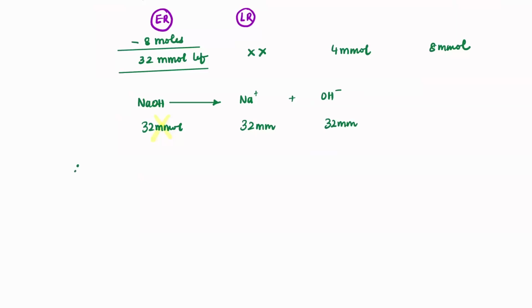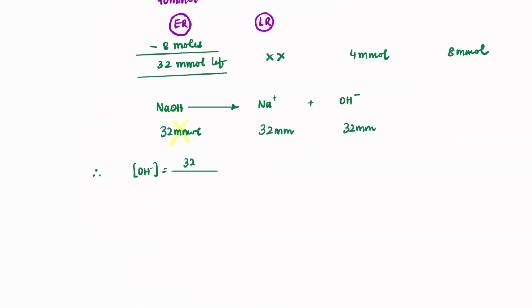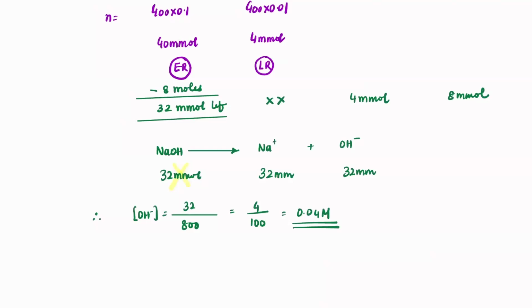Therefore, the OH minus concentration will be equal to 32 millimoles by the total volume. The total volume in this case, we took as 400 plus 400, which is 800. So that makes it 4 by 100 or 0.04 molar. That will be the concentration of OH minus.